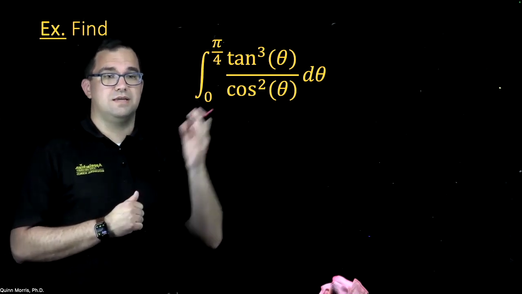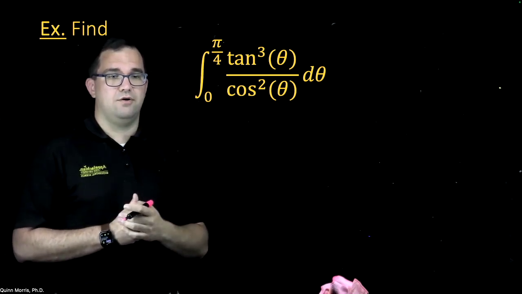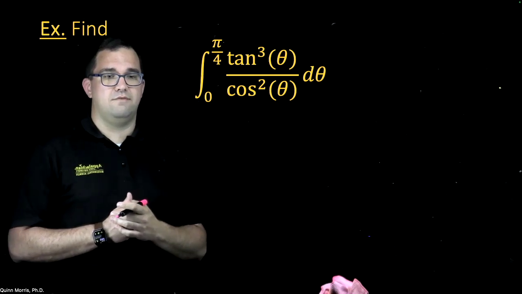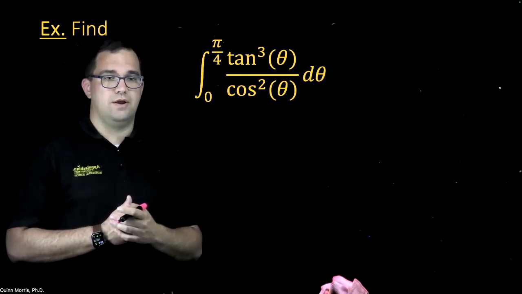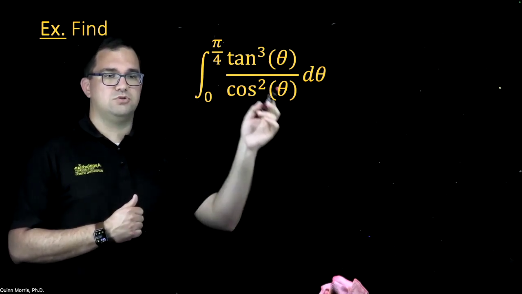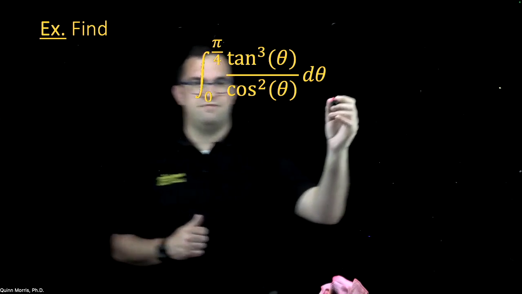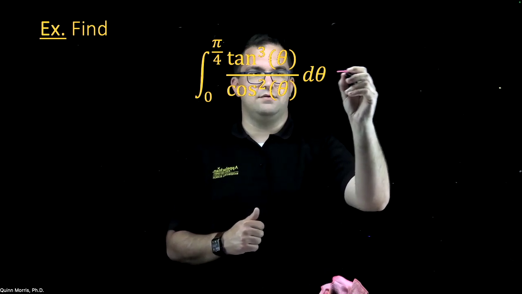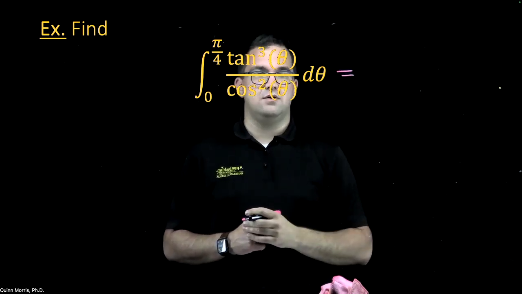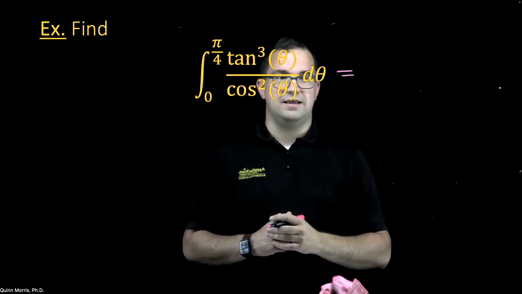The other thing I could think is, okay, well, I see tangent there. I know the derivative of tangent is secant squared, and I have cosine squared in the denominator, but 1 over cosine is secant. So I can, in fact, rewrite this integrand just using the fact that 1 over cosine of theta is secant theta.